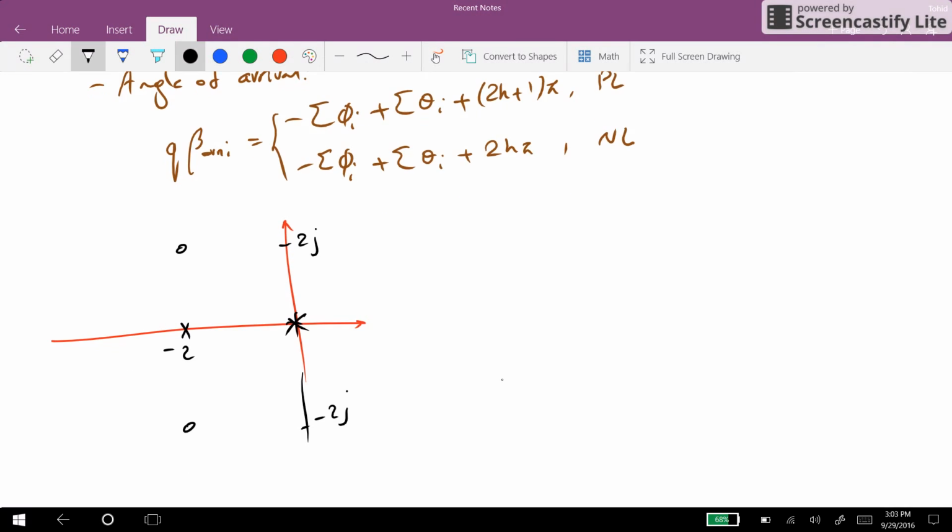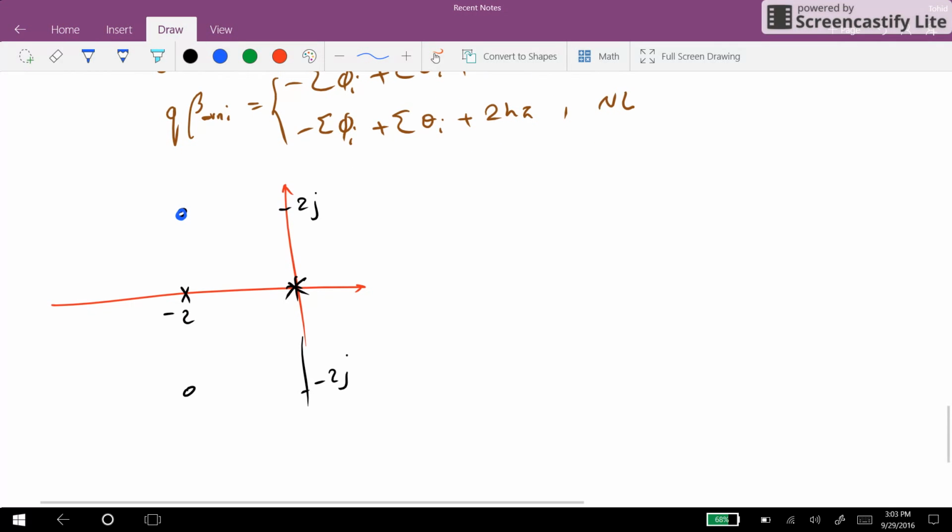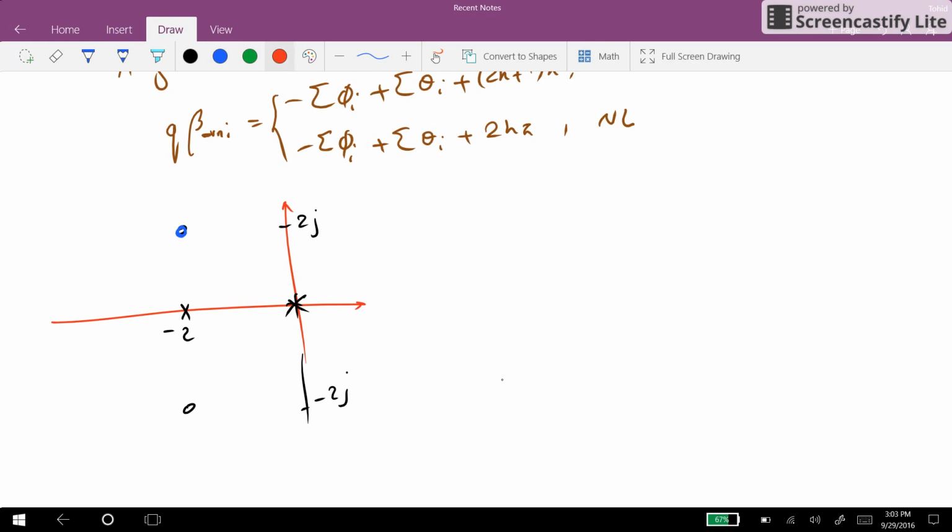If I want to find the angle of arrival for the zero here, let's see what we have in terms of the angles coming from the zeros and the poles. Let's assume first this zero here. I need to connect this zero to the zero at minus 2 minus 2j and draw a line from here towards plus infinity and find out this angle, and it's obviously equal to 90 degrees or pi over 2.